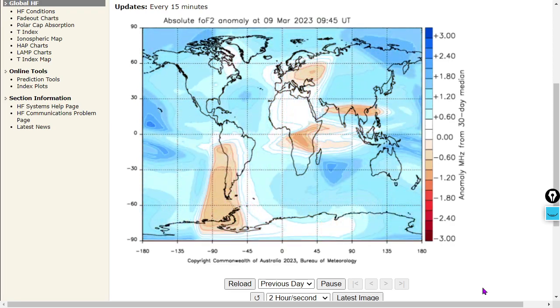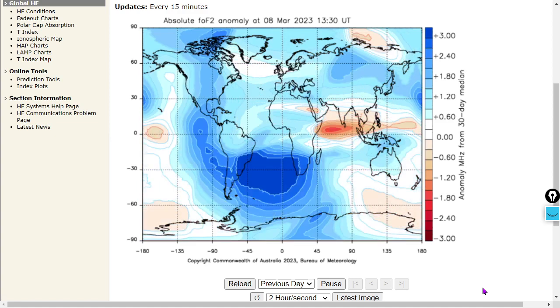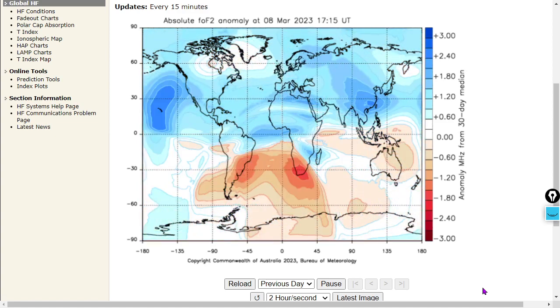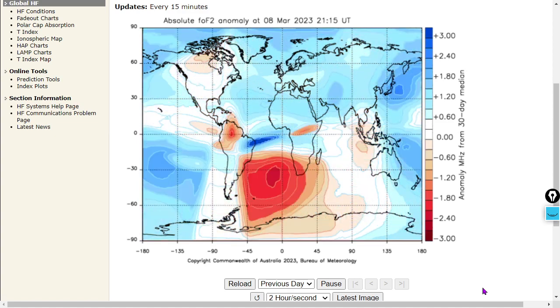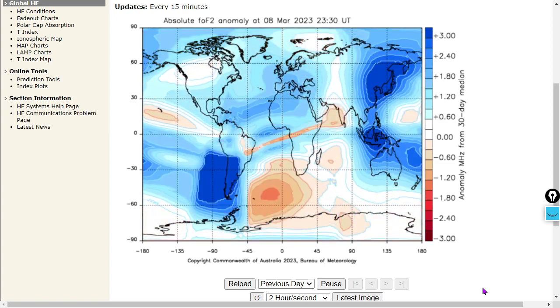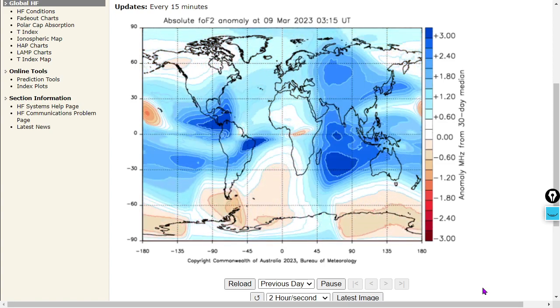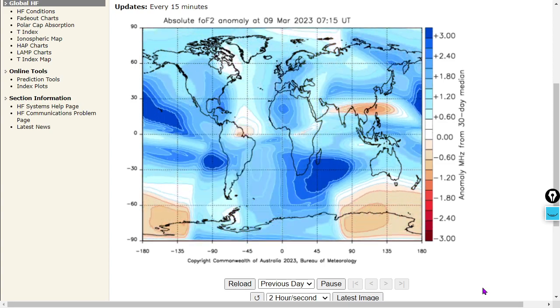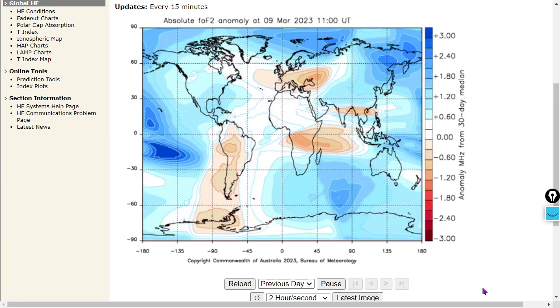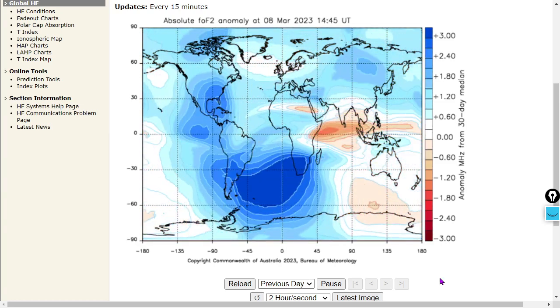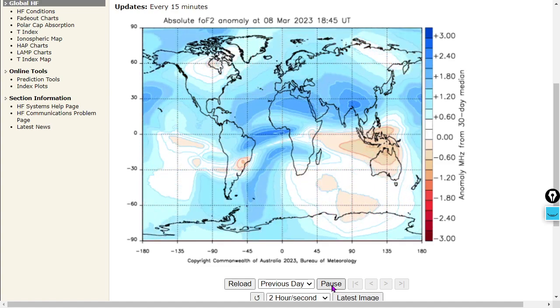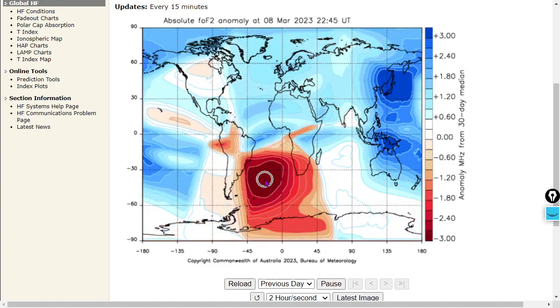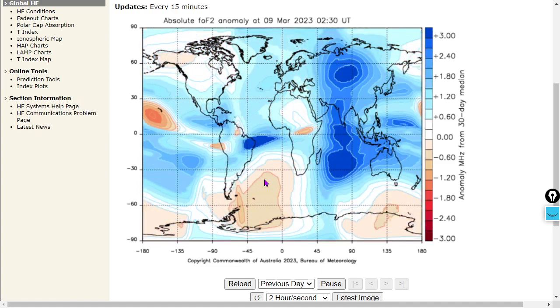That's anomaly in megahertz from a 30-day median. So wow, some low-frequency anomalies happening there in the southern Atlantic Ocean. So that is a significant anomaly there. Right here, that low-frequency anomaly there, that's kind of out of nowhere.